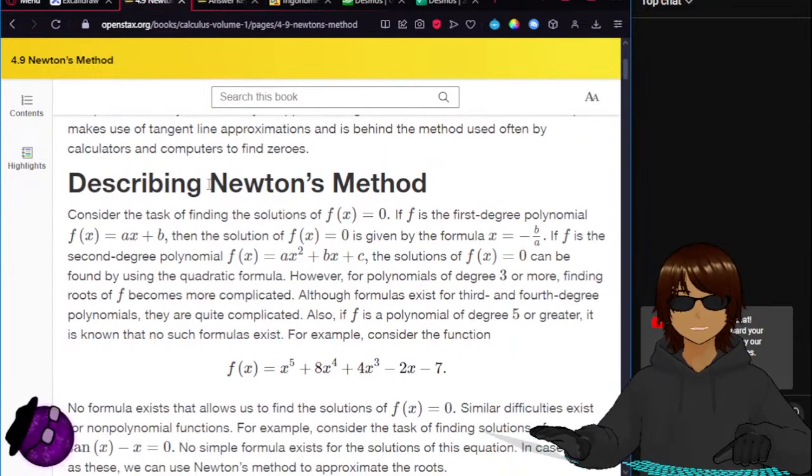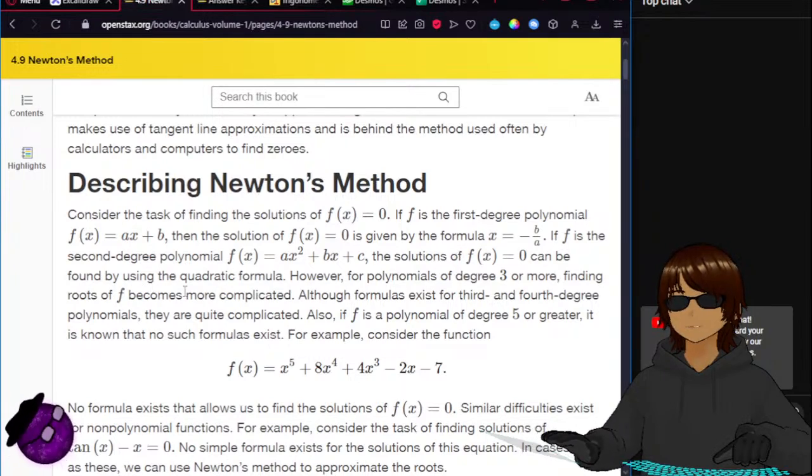Consider the task of finding the solutions of f(x) = 0. If f is a first degree polynomial, f(x) = ax + b, then the solution of f(x) = 0 is given by the formula x = -b/a. If f is a second degree polynomial, the solution can be found using the quadratic formula.